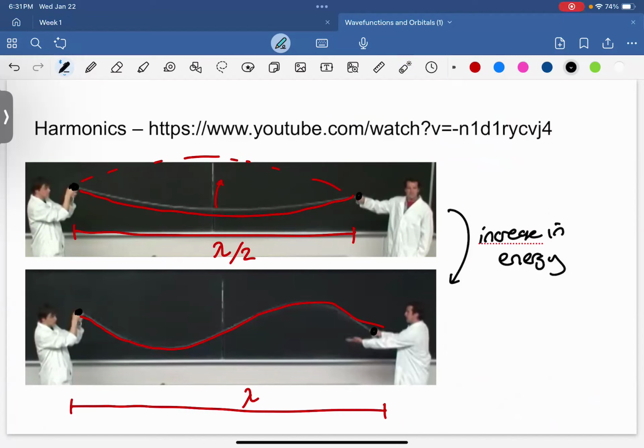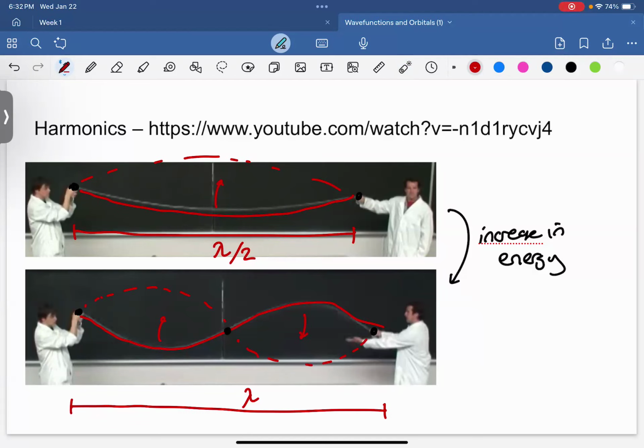And in addition to shortening the wavelength, one more thing, and that's really the big point I want to make here: the point to observe is we've added an additional node to this wave. If you watch the video, you'll see it oscillates back and forth. This section is going to oscillate such that it goes that way. This section is going to oscillate such that it goes the other way.